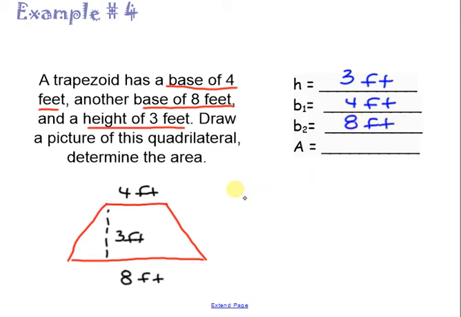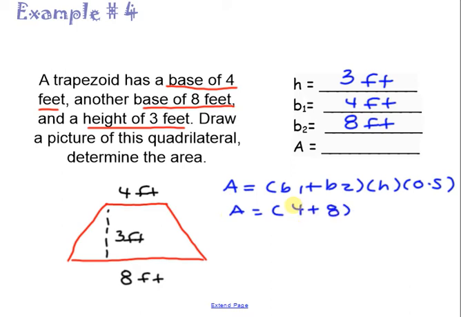And then let's calculate our area. So we'll write our formula. Base 1 plus base 2 times the height times 0.5. So our base 1 is 4 plus our base 2 is 8 times our height is 3 times 0.5. 4 plus 8 is 12.